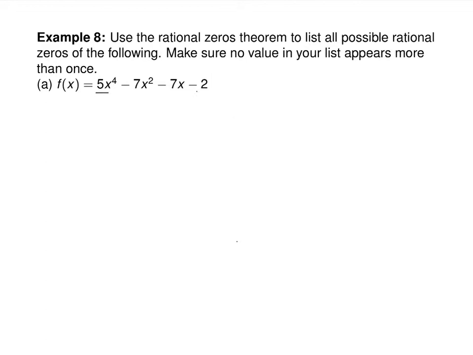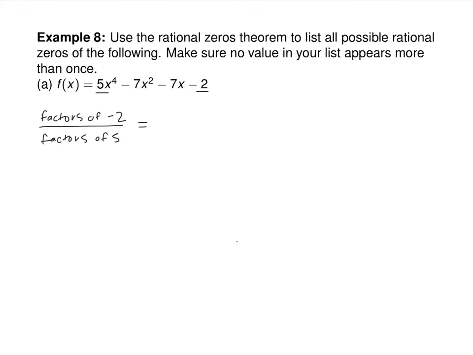Okay, we got that. Now all of the zeros, if they're rational zeros, must be factors of -2 divided by factors of 5. You can think about a factor as a whole number that divides evenly into this.